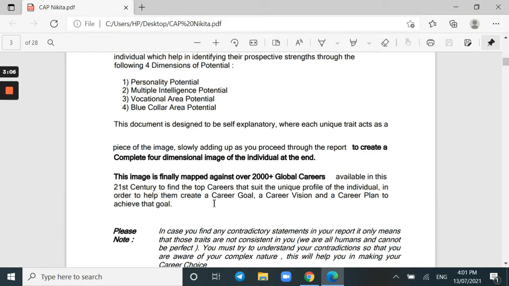So finally, what the report does is the AI software creates a 4-dimensional image from all the 4 different angles that we look at the individual student from, and we create a final 4-dimensional picture of that individual. With that we map them against more than 2000 global careers and identify the top 25-30 careers that would suit this person because of the way they naturally are.